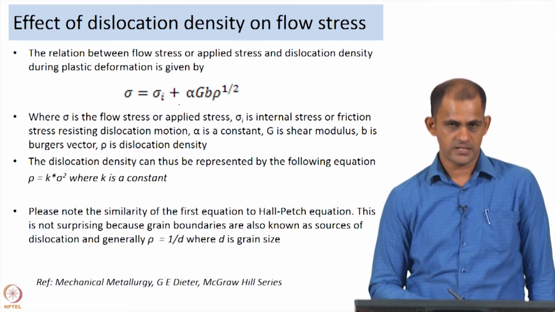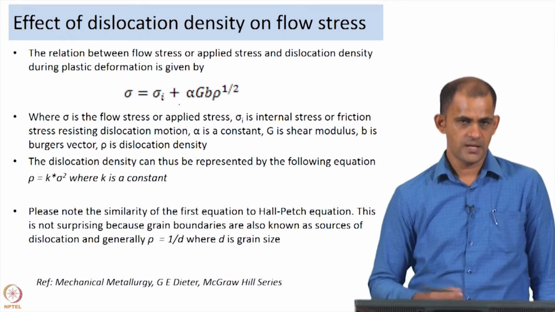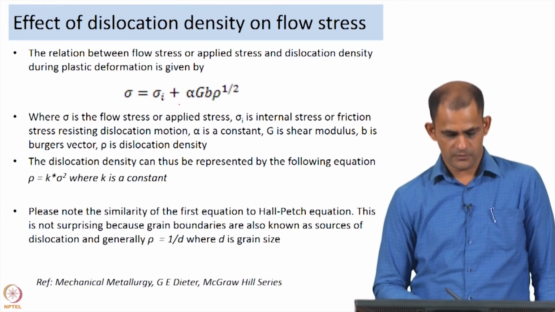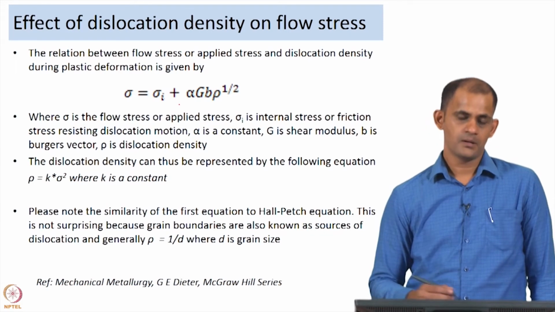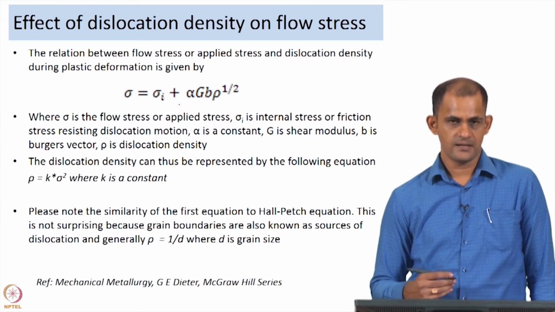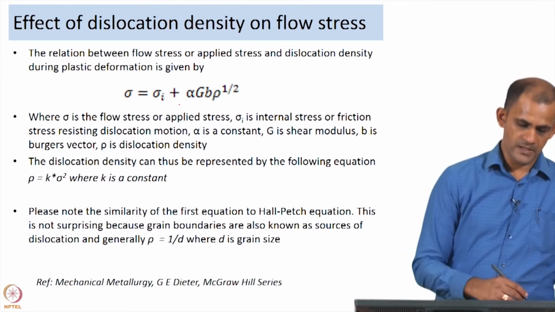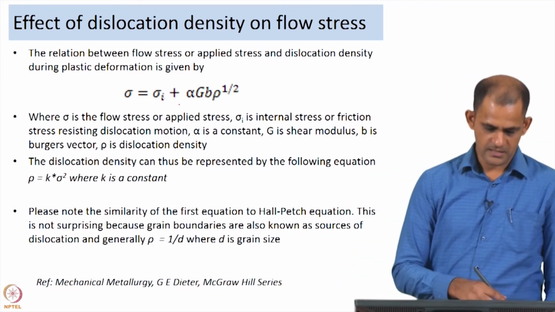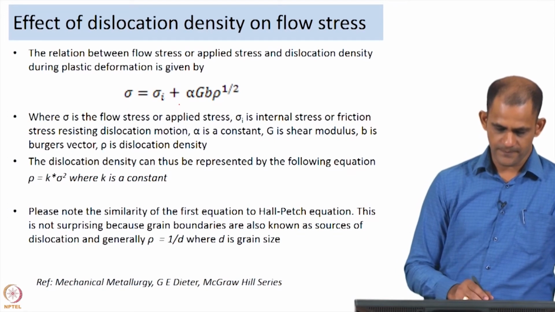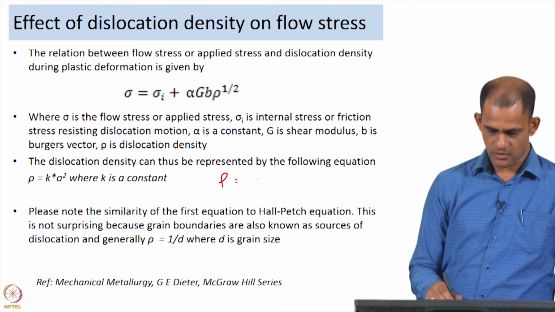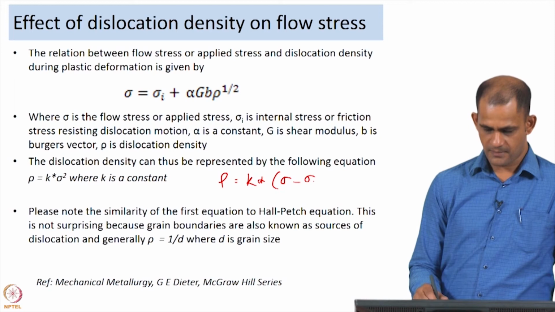Alpha is a constant, G is the shear modulus, b is the Burgers vector, and rho is the dislocation density. What this relation says is, if the dislocation density is high, then the flow stress will also be higher. The inverse of this relation would be that the dislocation density can be represented by rho is approximately a constant times sigma minus sigma i, squared.